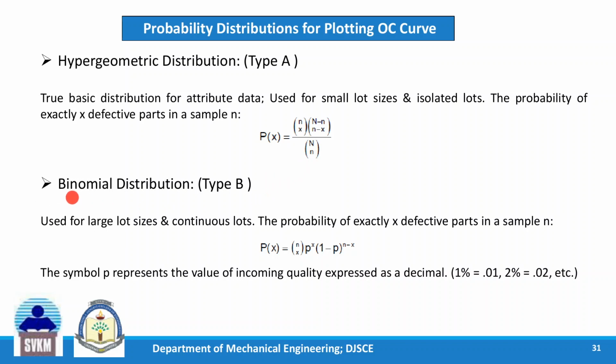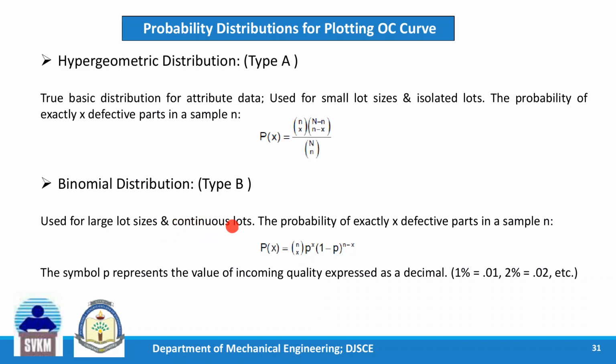Second type, binomial distribution. This is a type B OC curve. This is used for large lot sizes and continuous lots. For the probability of exactly x defective parts in a sample n, here the lot size is big, it is not limited.